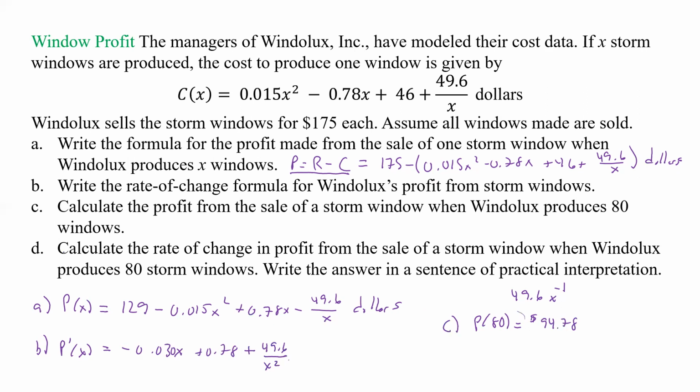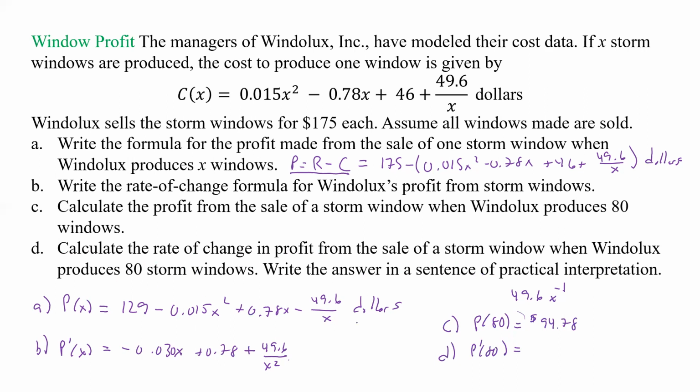Okay. Now it says calculate the rate of change in profit from the sale of a storm window when Windowlux produces 80 storm windows. Write the answer in a sentence of practical interpretation. So our rate of change, that's going to be find P prime of 80. All right, so if we plug all that into this formula, we'll have negative 0.03 times 80 plus 0.78 plus 49.6 divided by 80 squared.